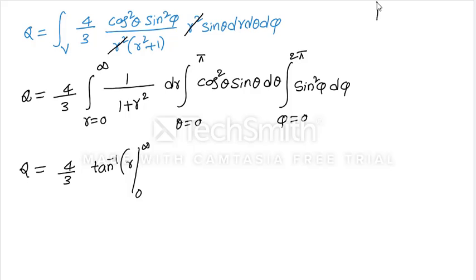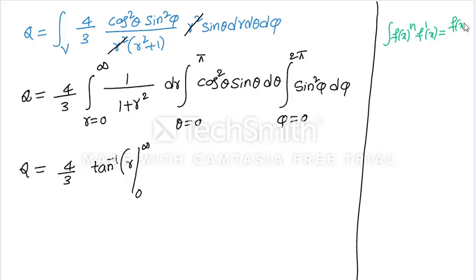Yes. Now you can see here this term, the integration of this term, integral of f of x power n into f dash x, if we have this integration, is f of x power n plus 1 by n plus 1.